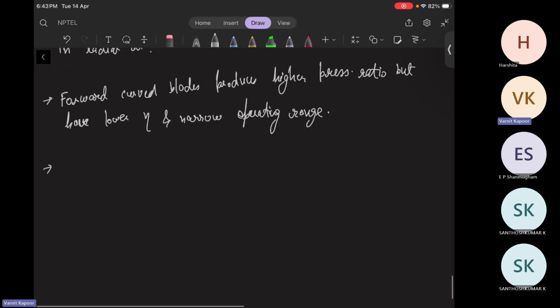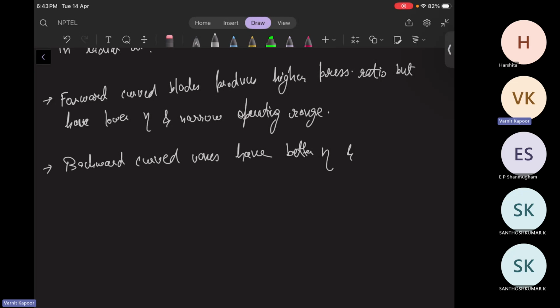Whereas the backward curved vanes have better efficiency and wider operating range.